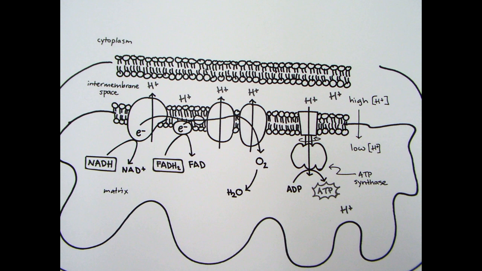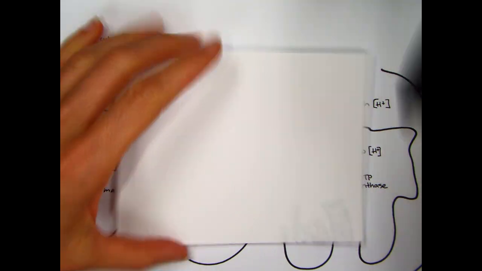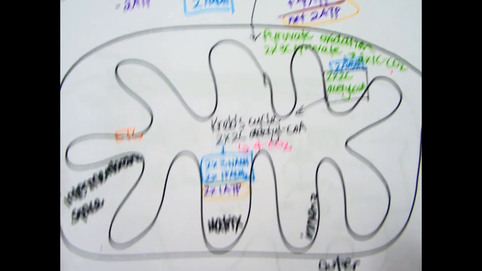Okay, one of the really important things that Dr. Knight is going to want you to know is the NADH and FADH2 conversion to ATP. Okay, so back to this picture for just a second.